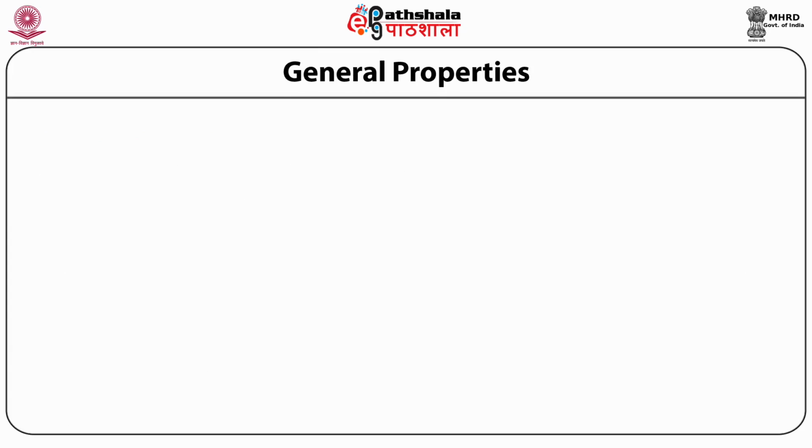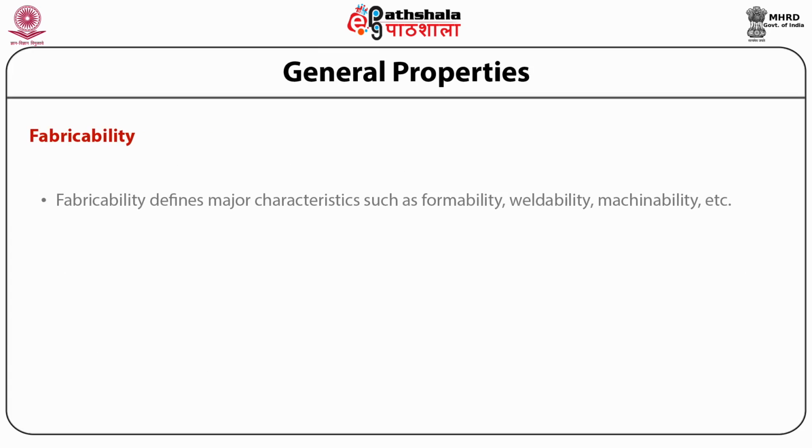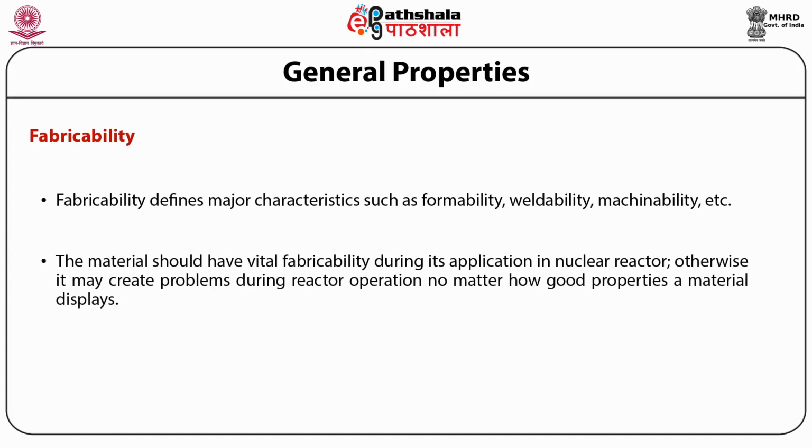Next property is fabricability. Fabricability defines major characteristics such as formability, weldability, machinability, etc. The material should have vital fabricability during its application in a nuclear reactor, otherwise it may create problems during reactor operation, no matter how good properties a material displays.